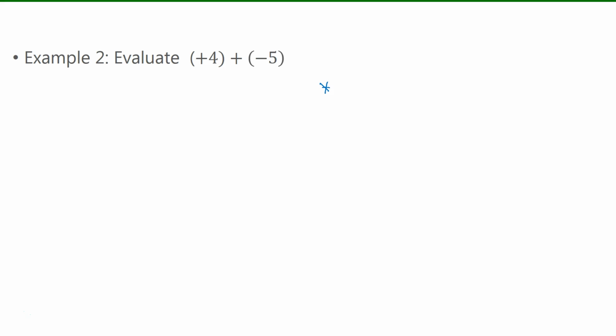Now this next example, we have the case of where we're adding a positive and a negative. So what we actually do here is we subtract the two numbers, and then we need to determine the sign.